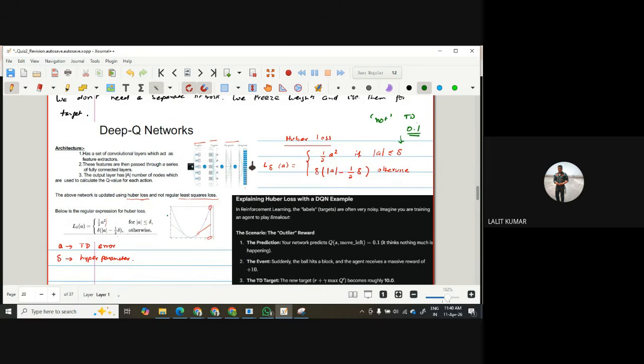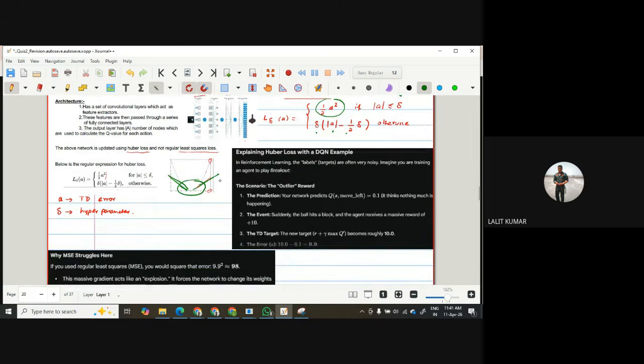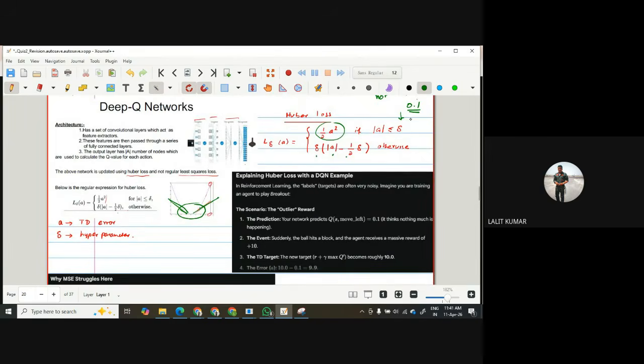So if your loss is less than 0.1, we use quadratic. If it is more than delta in absolute value, then we use delta into absolute value of A minus half delta. This gives us a Huber loss, a straight line. Just remember this when a question comes. This delta is a hyperparameter.